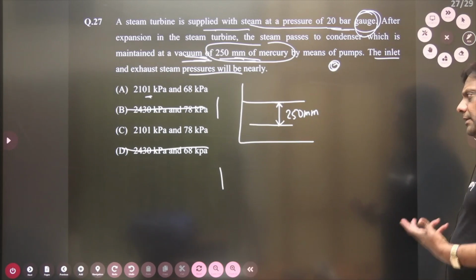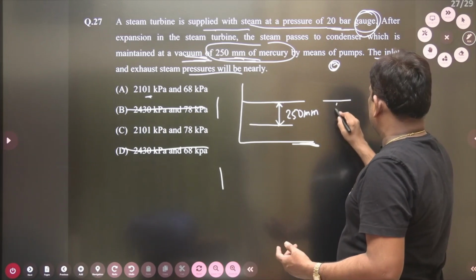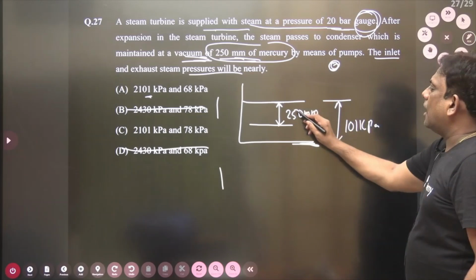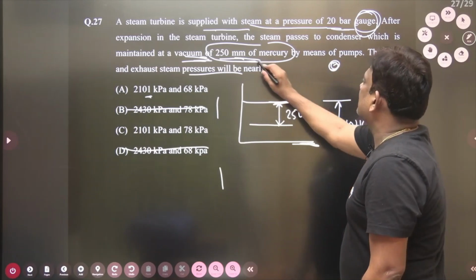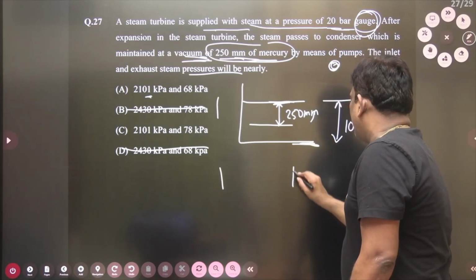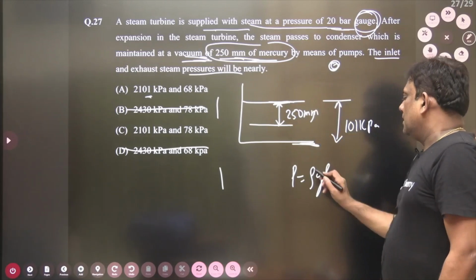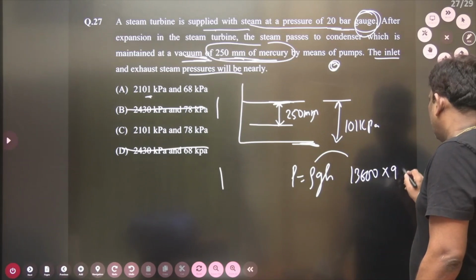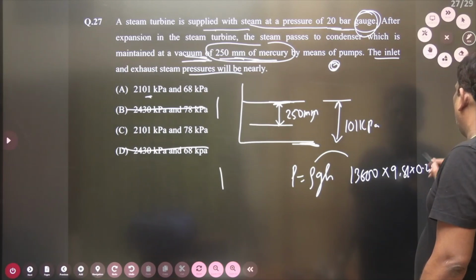Let me convert this, but I want it from this line. Atmospheric is 101 kilopascal. Let's convert this into Newton per meter square. Why are you taking from this line? Because it is given as vacuum. So P is equal to rho g h. This is given in terms of mercury, so the density is 13,600, g is 9.81 and h is 250 mm, which can be written as 0.25 meter.